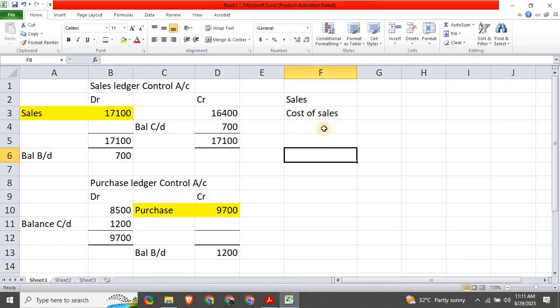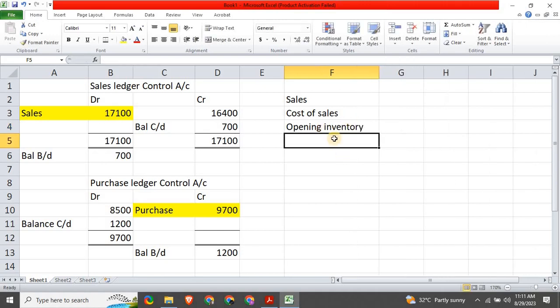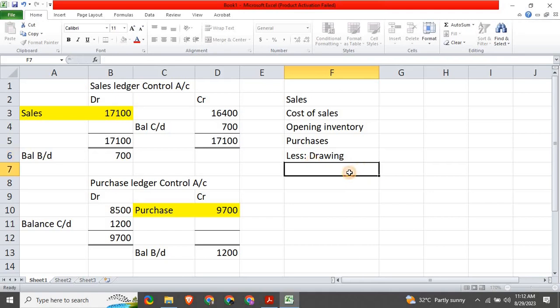Cost of sales is opening inventory, plus purchase, and then if there is any drawings, then less drawings. That's why I asked you to remember that there will be drawings. And then we have less closing stock.